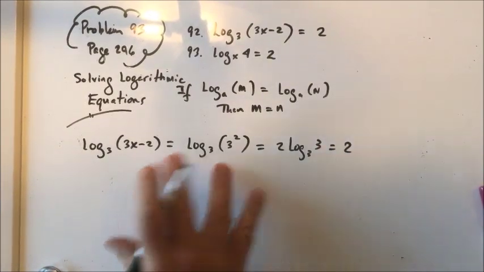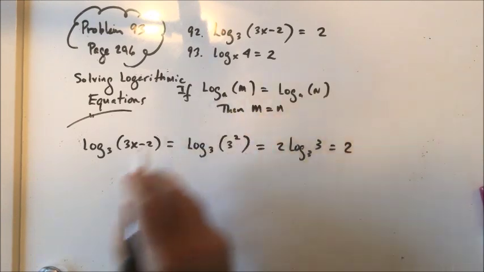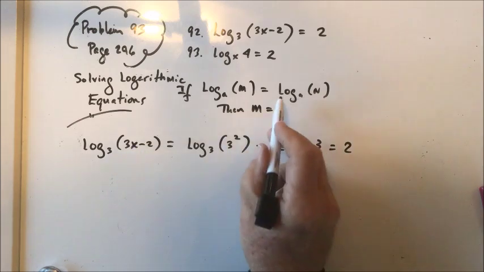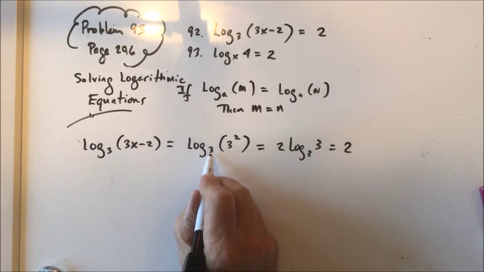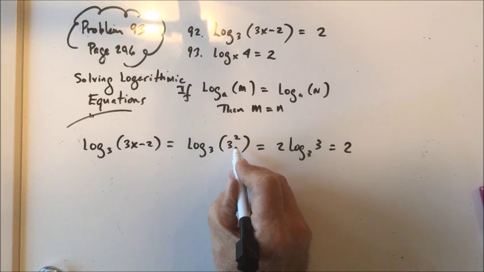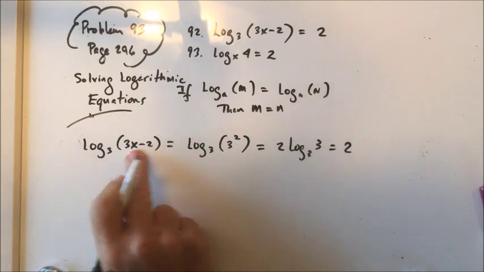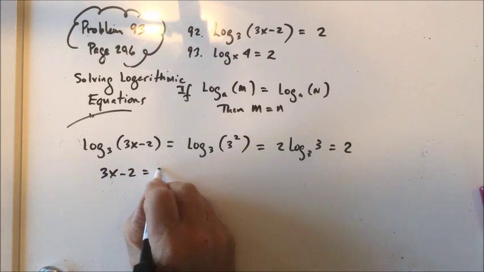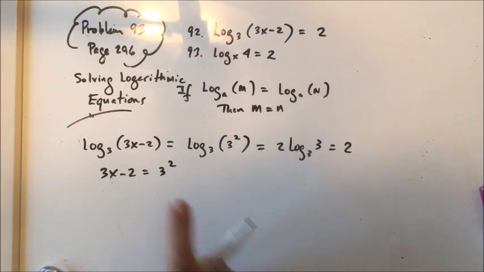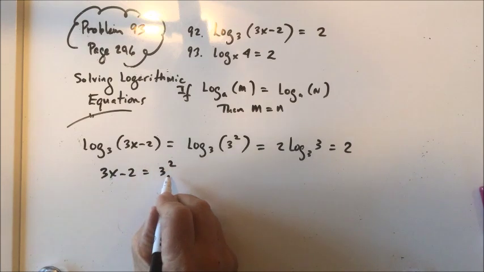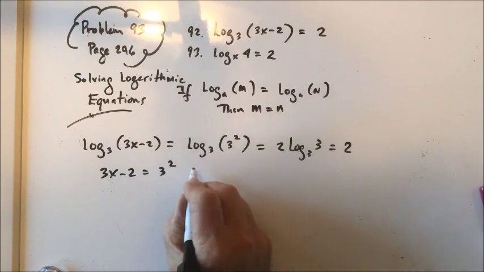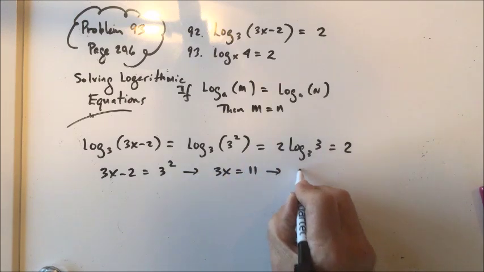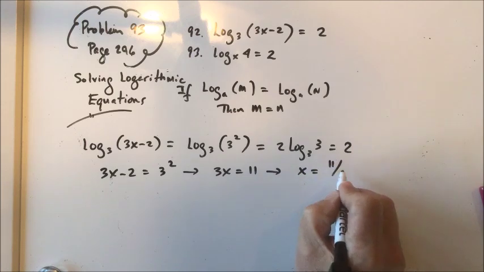And now I'm in the form log of a, where a is 3, of m, let m be 3x minus 2, is equal to log of a, again where a is 3, of n, where n is 3 squared. So it must be the case that m is equal to n, or 3x minus 2 is equal to 3 squared. That means 3x minus 2 is equal to 9. Add 2 to both sides, and we get 3x is equal to 11. Divide both sides by 3, and we get x is equal to 11/3.